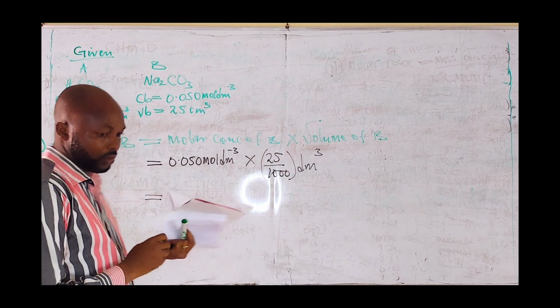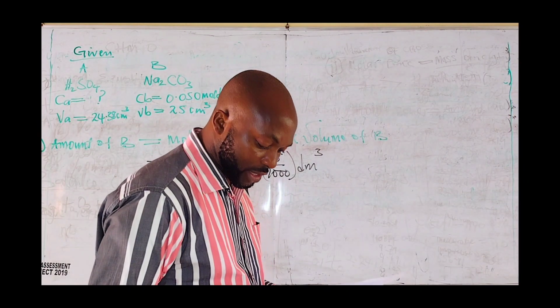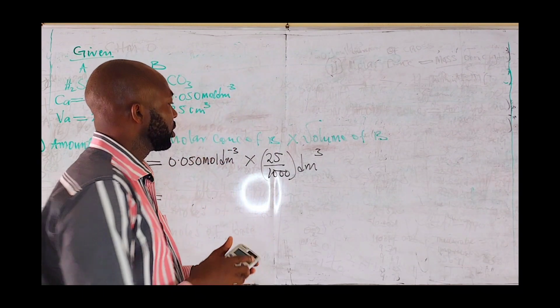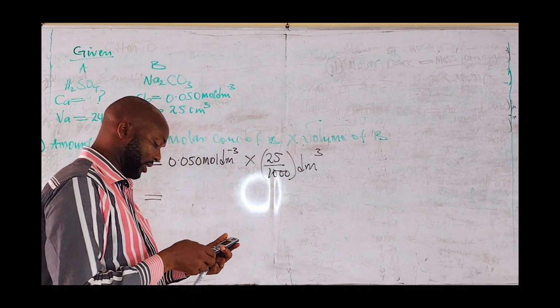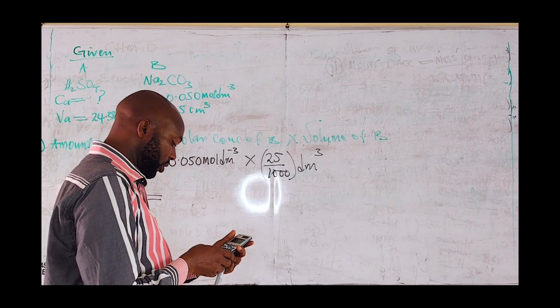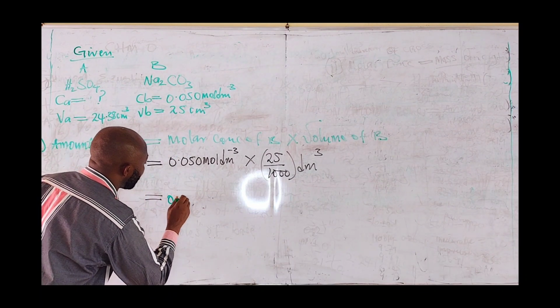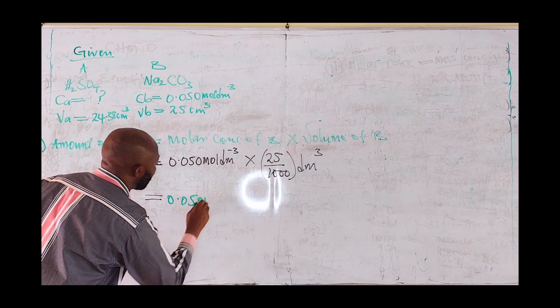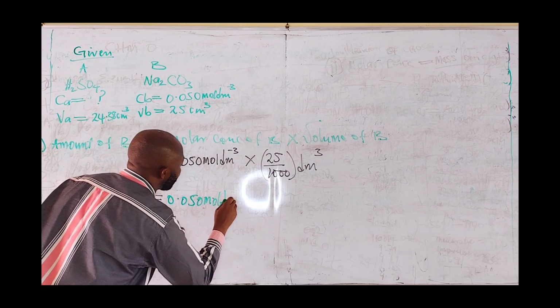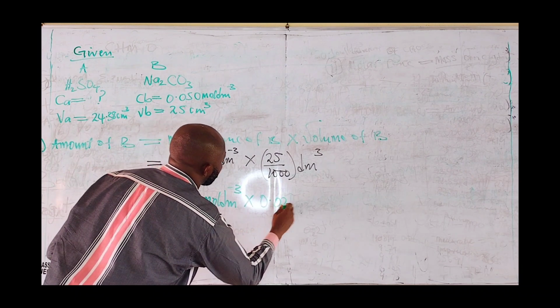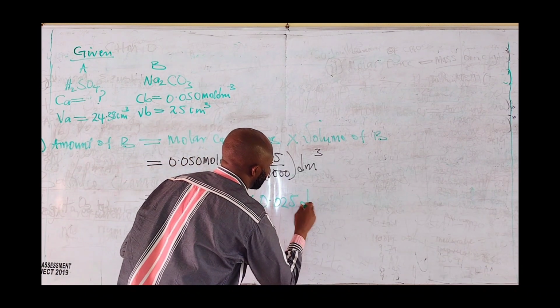This is equals to, it is advisable that when you're dealing with the calculations, you make sure you don't make mistakes. One mistake can send you to the wrong side. So we have 0.050 mole per dm cube times 0.025 dm cube.